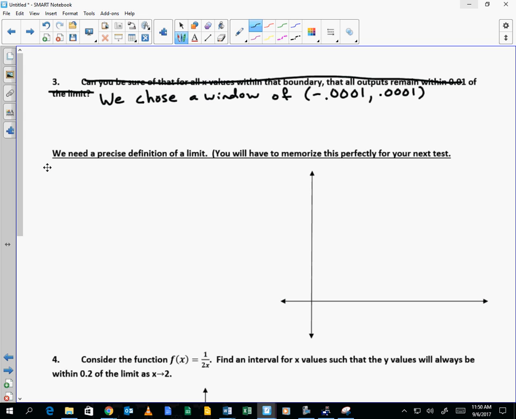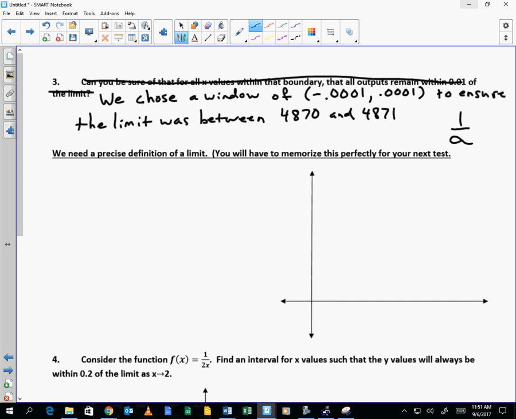We chose that window to ensure the limit was between 4,870 and 4,871. We chose a very small X value to say it's got to be somewhere between there, right? But if we wanted to become more exact, we'd have to choose an even smaller set of values.